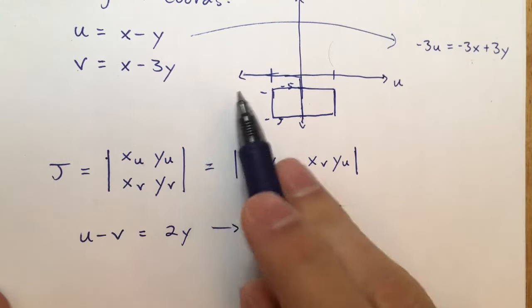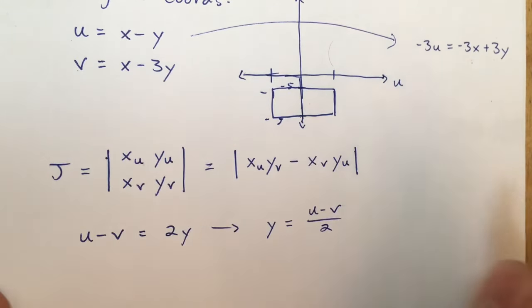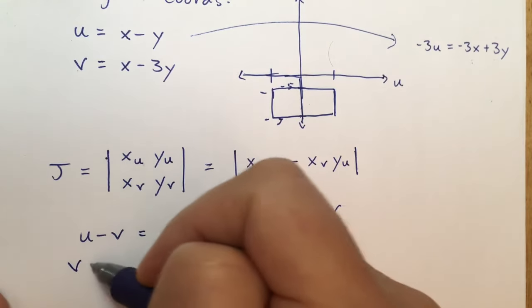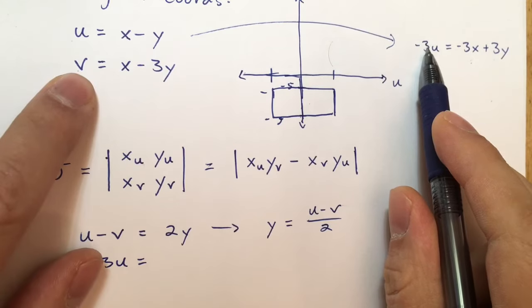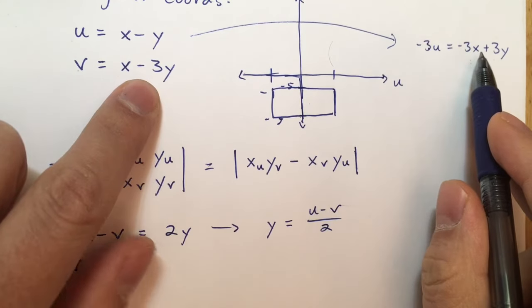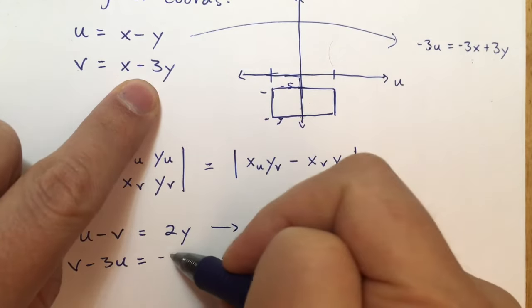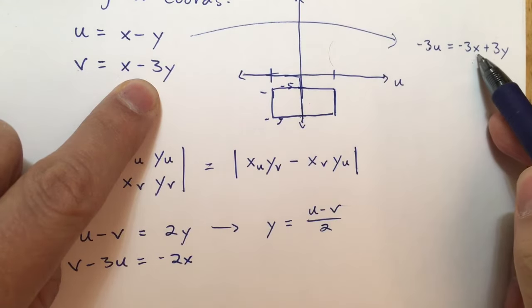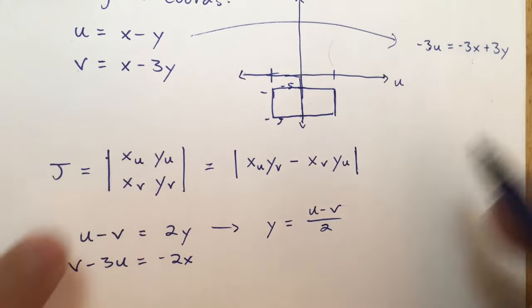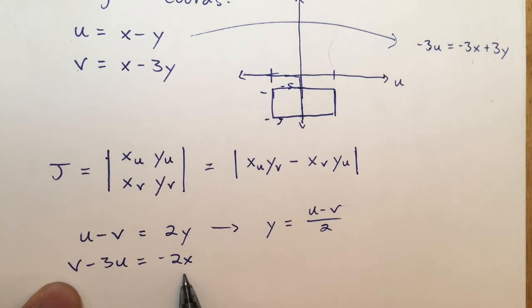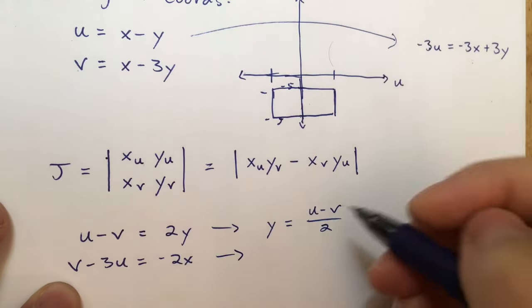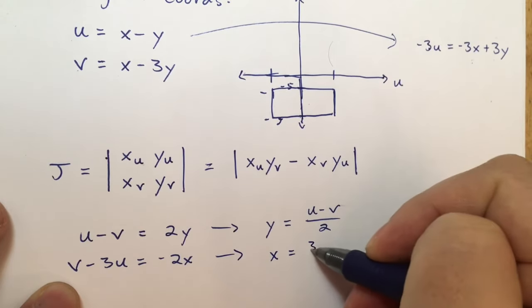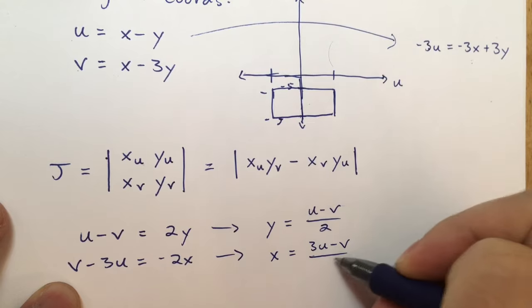So I have v minus 3u when I add these, and then when I add the right-hand sides, I get negative 2x. And the y's cancel, so I get this equation. And then if I divide both sides by negative 2, I get x equals (3u minus v) over 2.